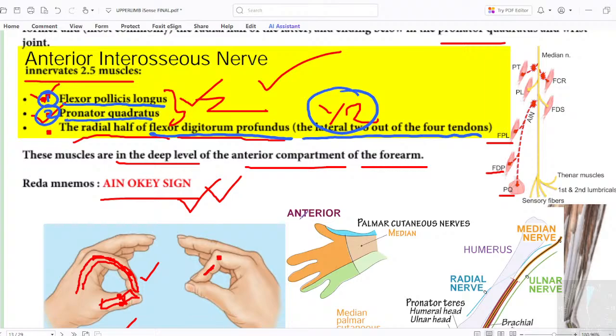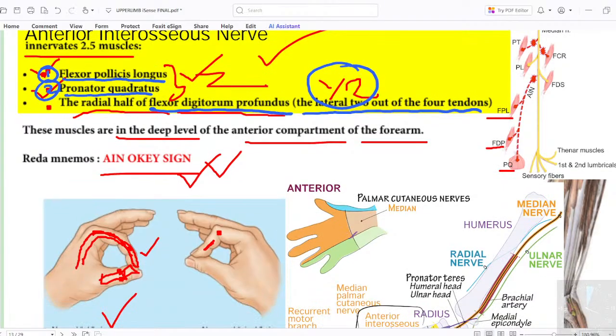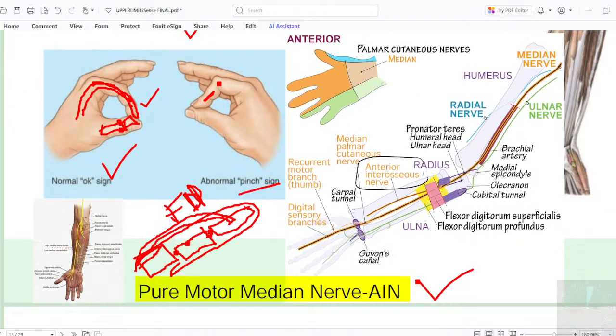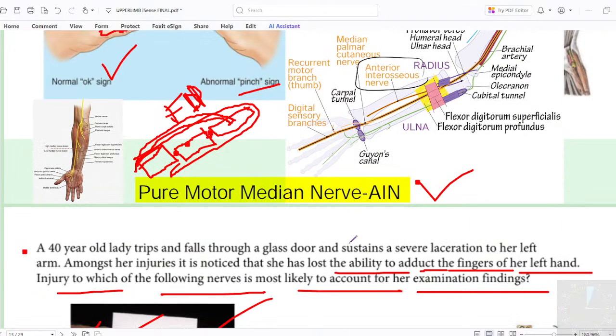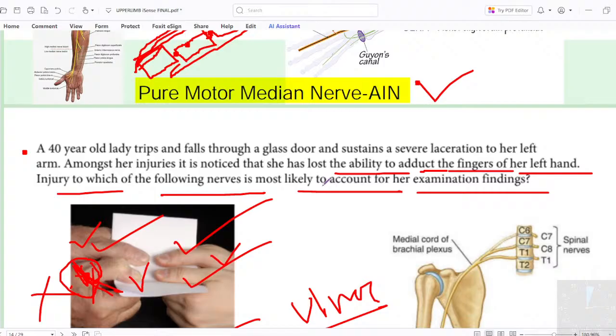Okay, flexor pollicis longus, pronator quadratus, and flexor digitorum profundus. Okay, all right. Now see, pure motor median nerve.